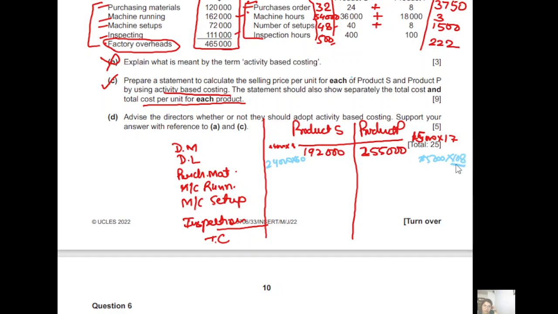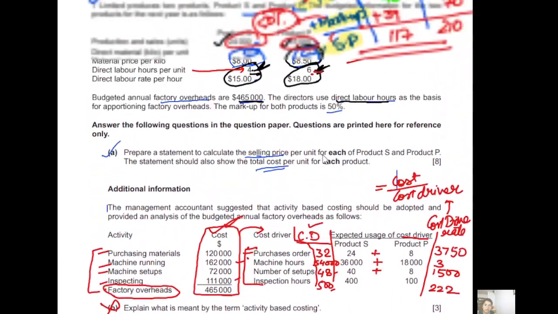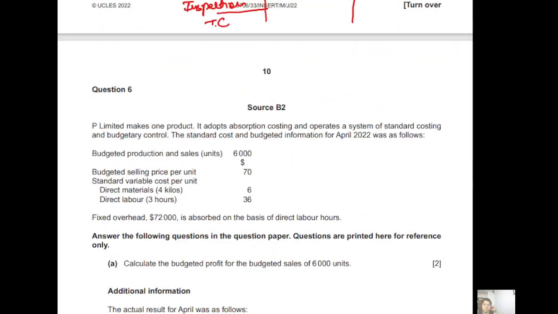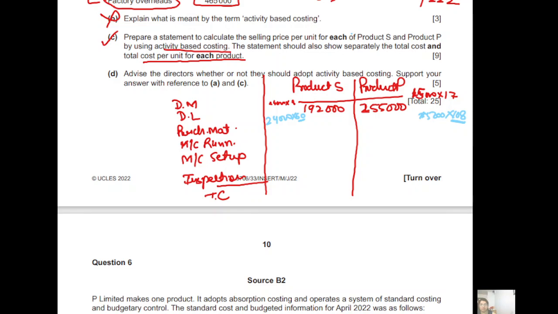This 108 and this 60, you know from where we take that value? From this statement, 60 and 108. So we have to multiply it and just write down the figure over here.